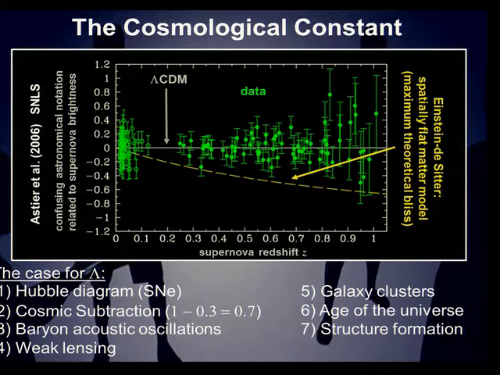The fact that the expansion rate as a function of redshift is described by a cosmological constant comes from the Hubble diagram, something that we call cosmic subtraction that I'll talk about in the next slide, I think. Then there are other observations that I'll try to get to: baryon acoustic oscillations, weak lensing, galaxy clusters, age of the universe, structure formation. So there are other observations that suggest that there is a cosmological constant. I'll try to get to them. Let me just mention cosmic subtraction.